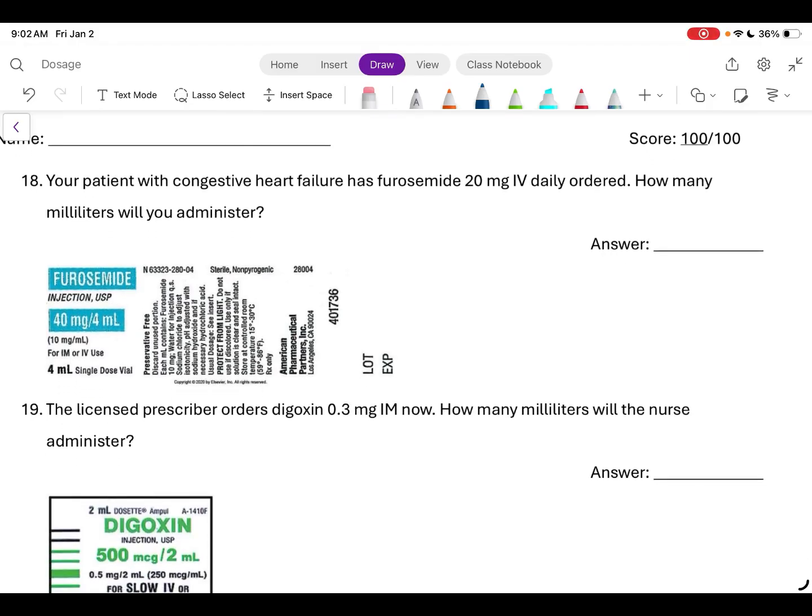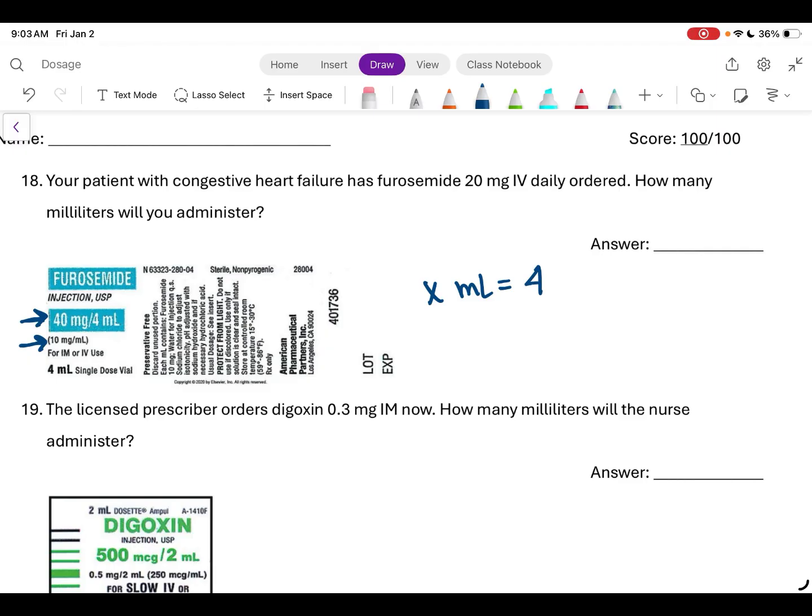Okay. 18-year patient with congestive heart failure has furosemide 20 milligrams ordered. How many milliliters will you administer? So X mL. Your concentration's right here, or you can use the one below it, the smaller one. Doesn't matter.